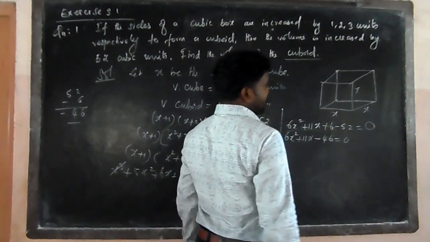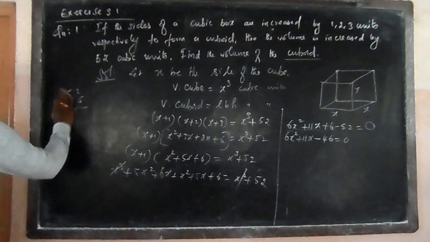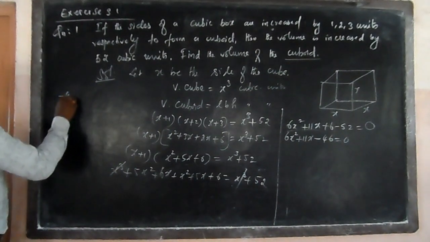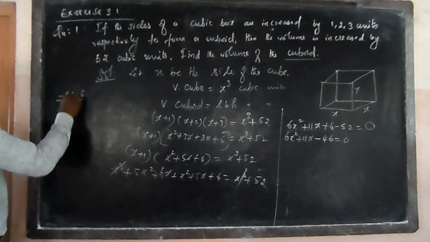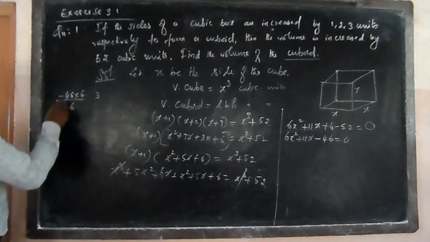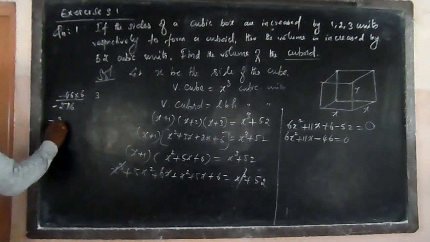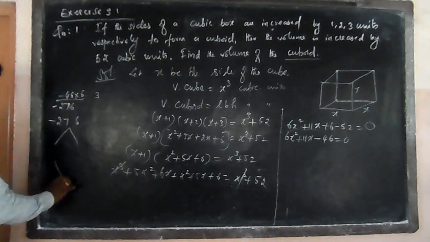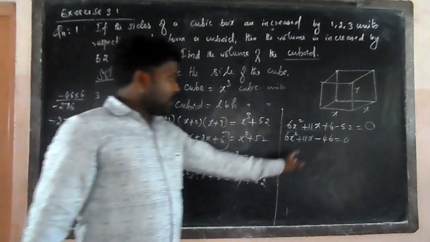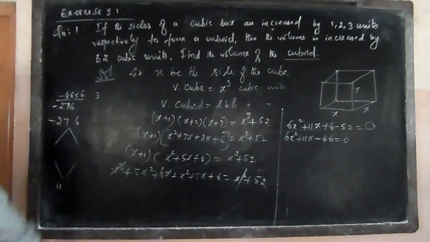This is 6 into minus 46, which is minus 276. The multiple value is minus 276, and the addition value is 11.